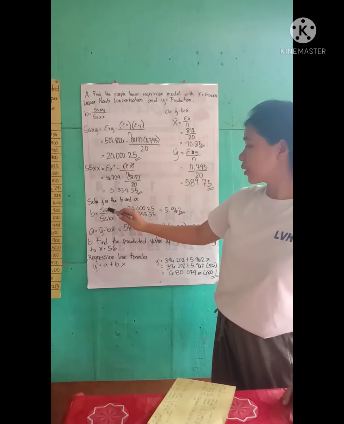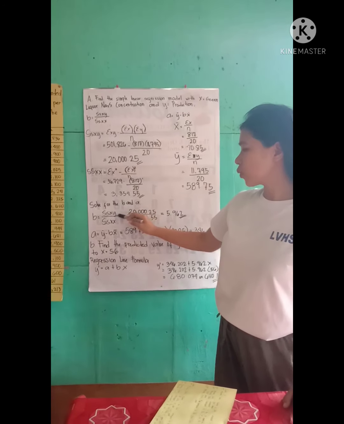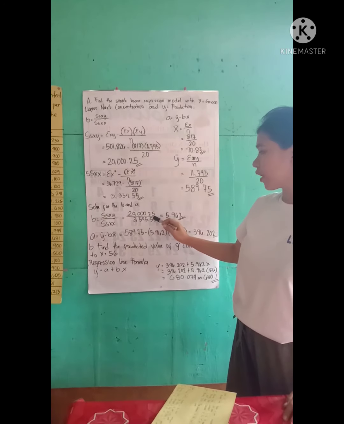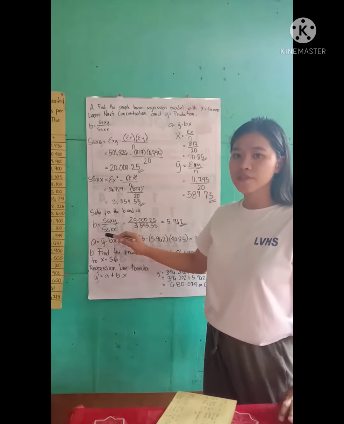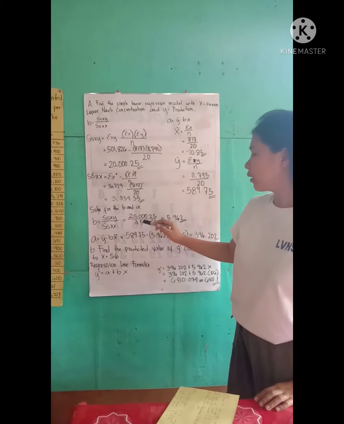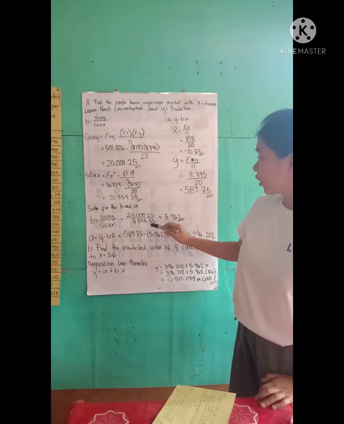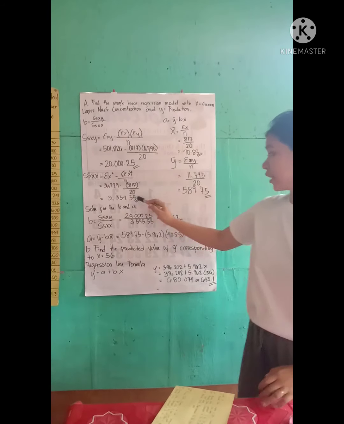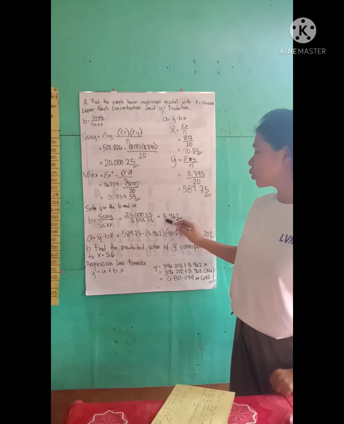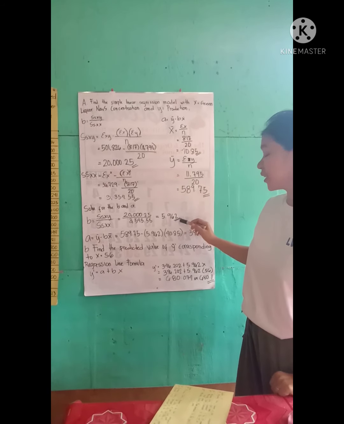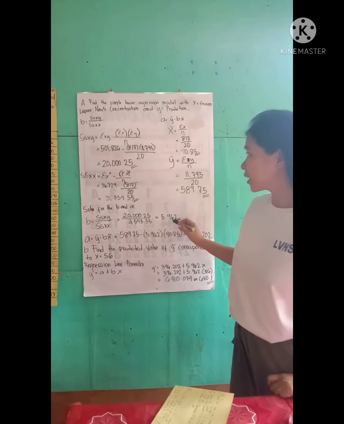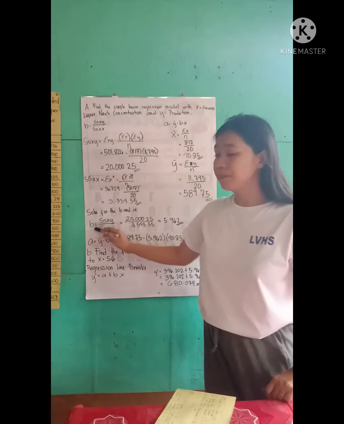So the value of our summation of square xy is 20,000.25 divided by the value of summation of square xx, which is 3,545.55. It is equal to 5.962. So 5.962 is the value of our b.